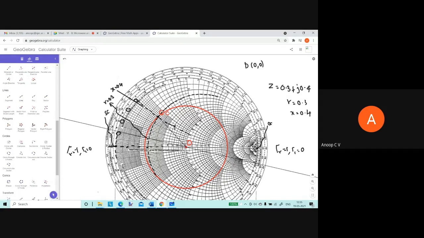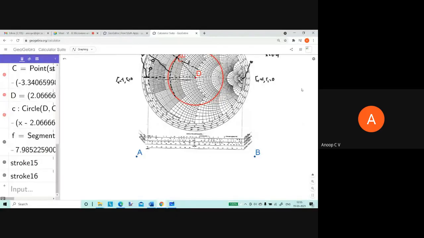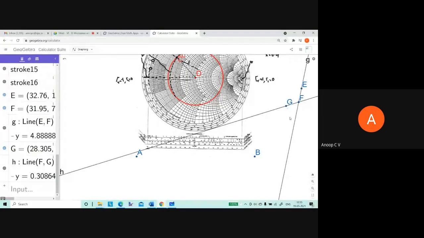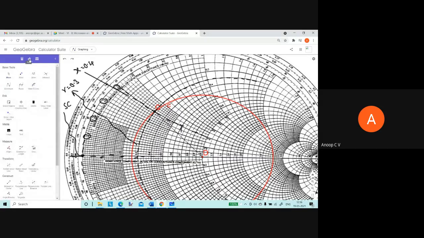Sorry, one second. That is not the imaginary axis, it happened by mistake. Now I should give Control Z, again Control Z. Okay, fine. Maybe this system is a bit slow, that's why it's giving this trouble.